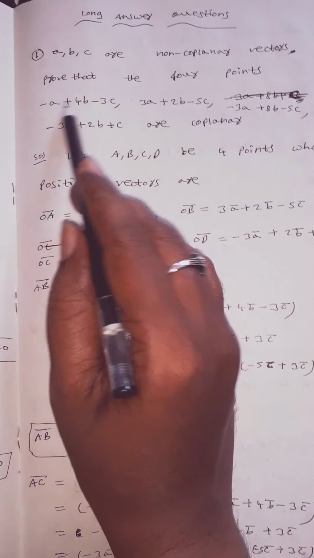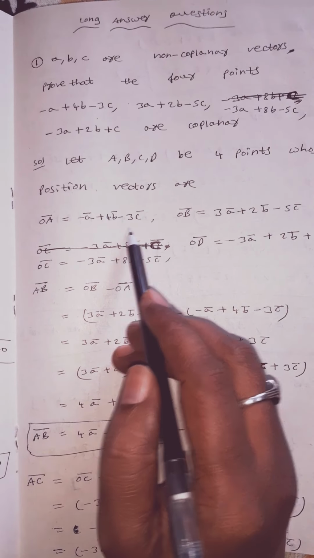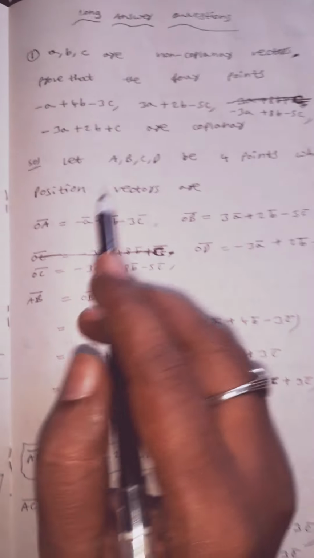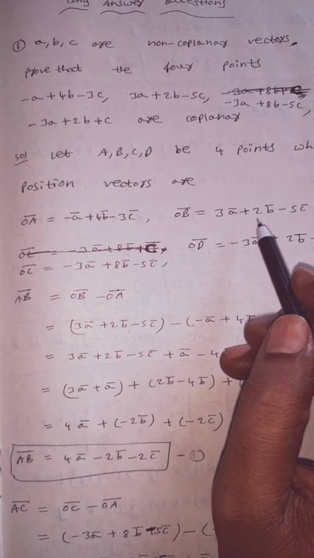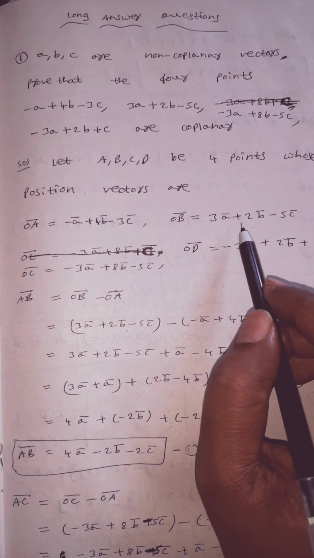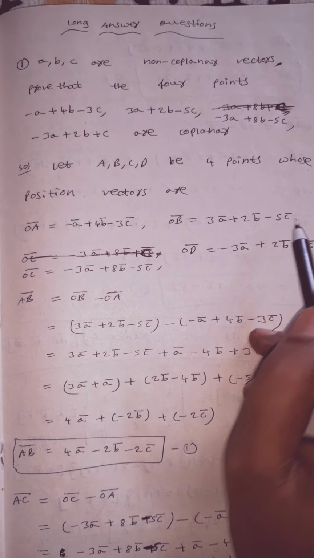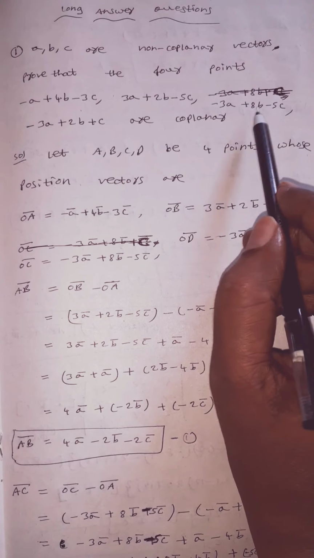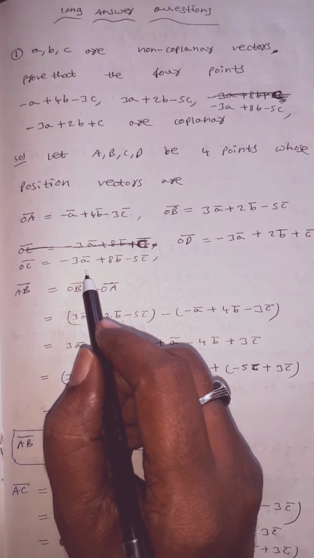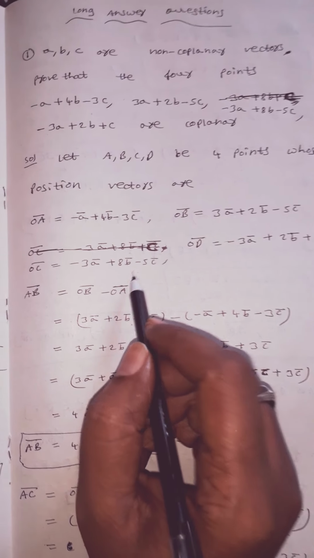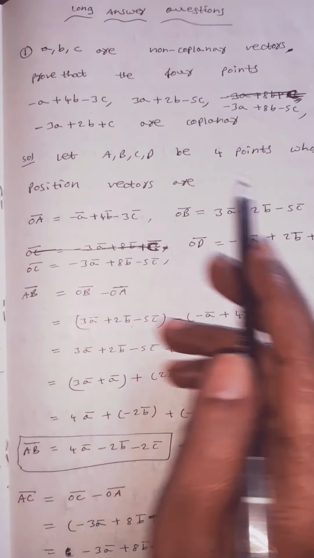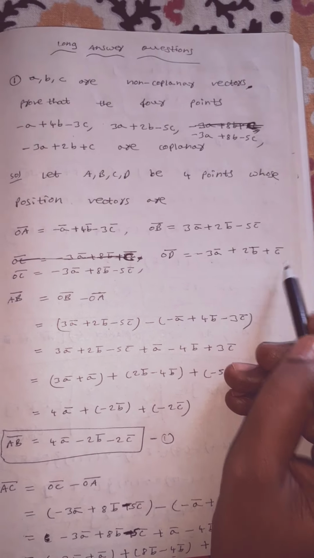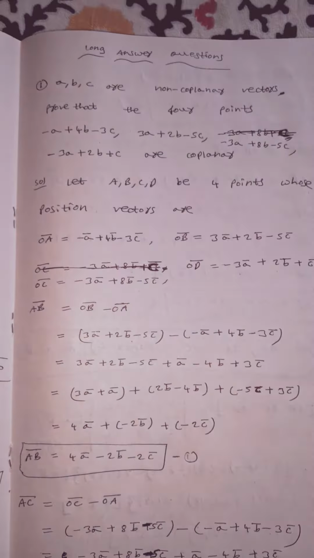Whatever first point is given, write it as OA bar, next OB bar equals the second point given: 3a bar plus 2b bar minus 5c bar. Next, OC bar is minus 3a bar plus 8b bar minus 5c bar. Next, OD bar is minus 3a bar plus 2b bar plus c bar. For variables you should take bar.